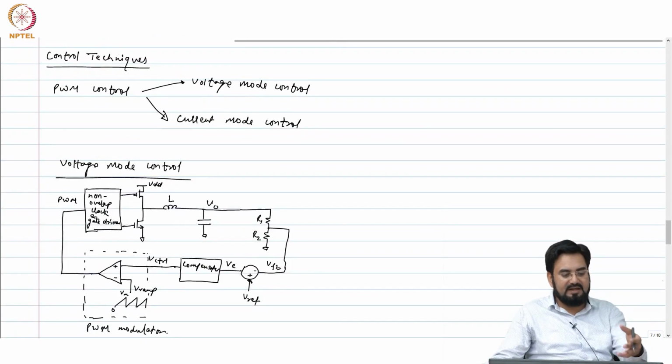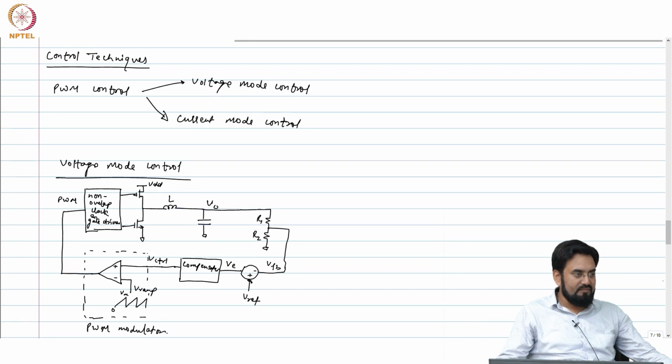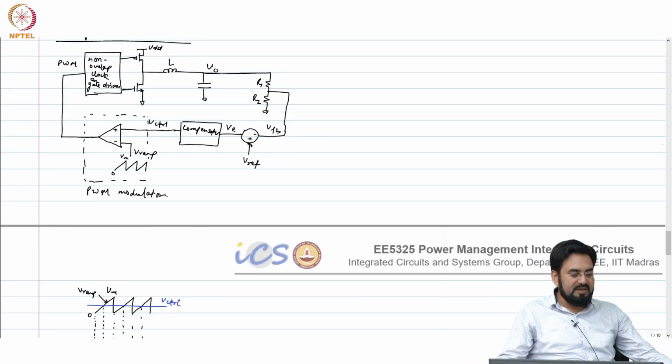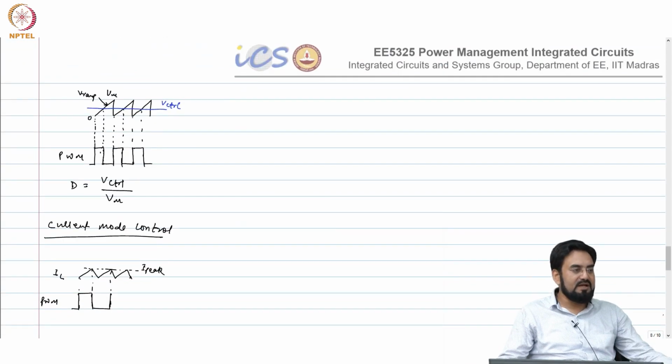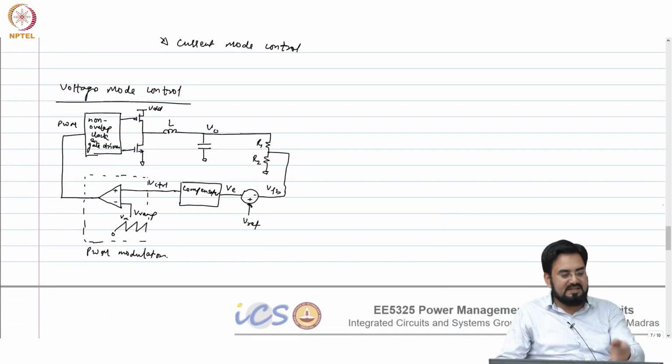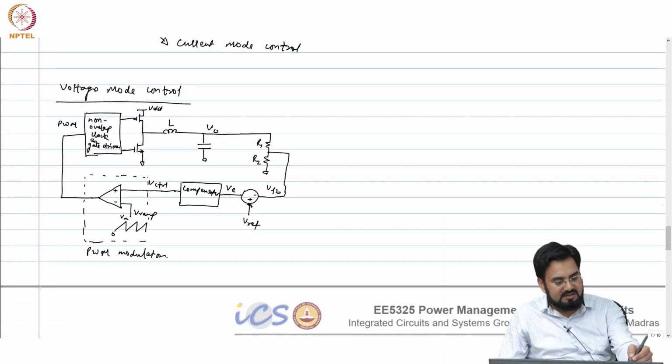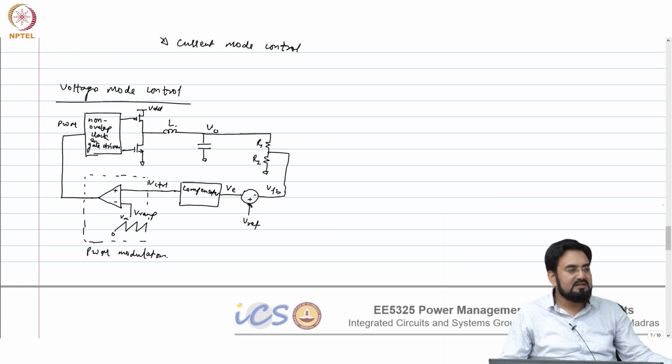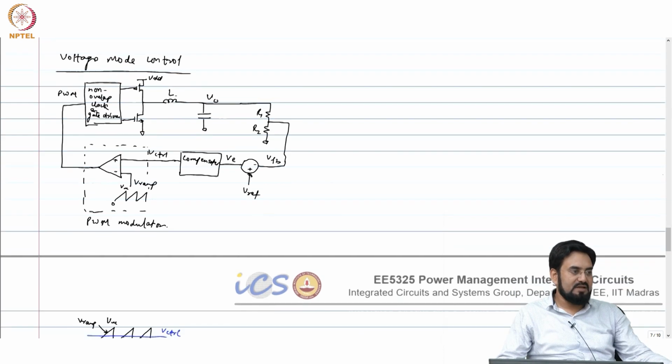Here in voltage mode we are not looking at the inductor current at all. But in current mode, you look at the current. The compensator will be here, and you take the current from here and add it to the control voltage.